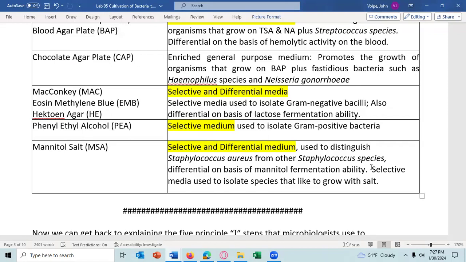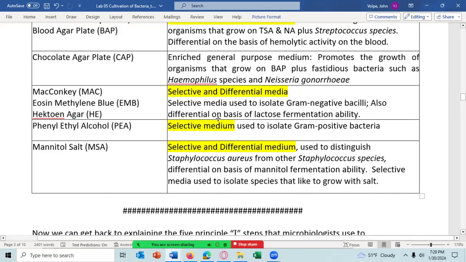They are all differential on the basis of their ability to ferment the sugar lactose. If you ferment the sugar lactose, the plate will turn a different color than if you do not ferment the sugar lactose. The color will depend on which media we're talking about. MacConkey's will turn pink if the bacteria ferments the sugar lactose.